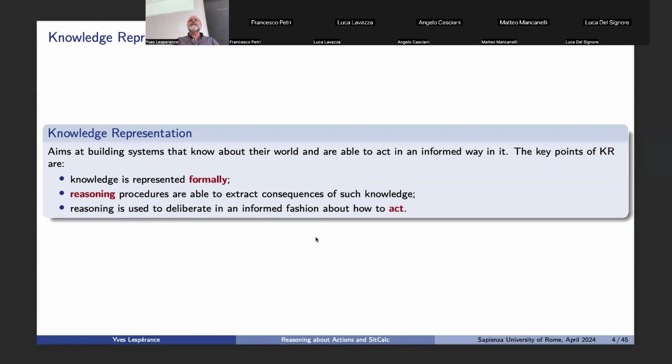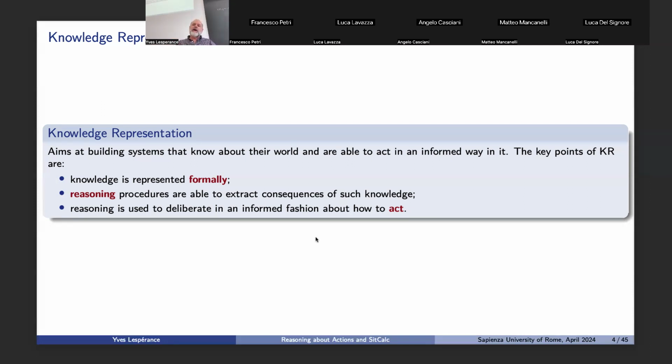The idea is that you want to build a system that knows about the world it's operating in, and can use this knowledge to act in a good way, a way that is good for it.